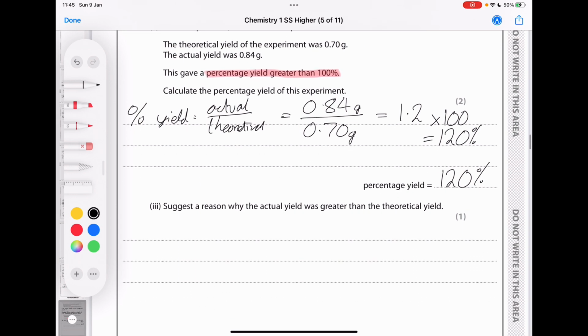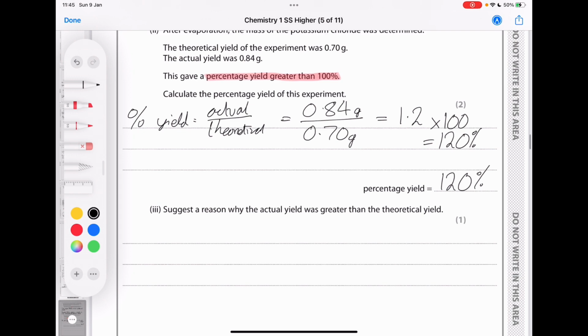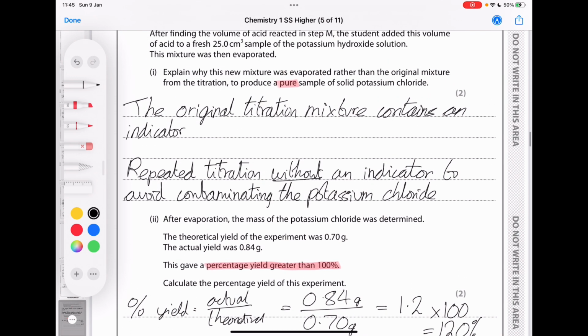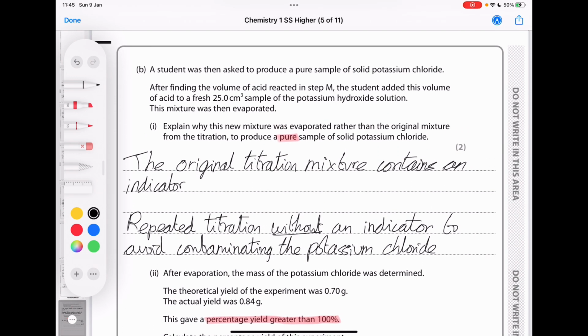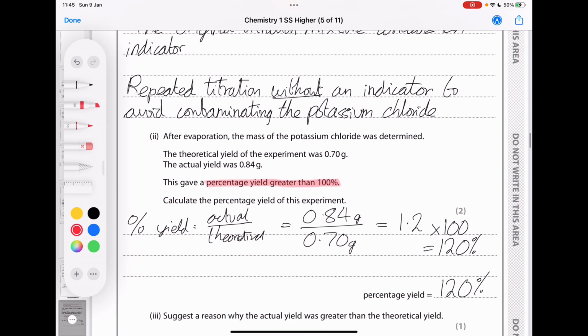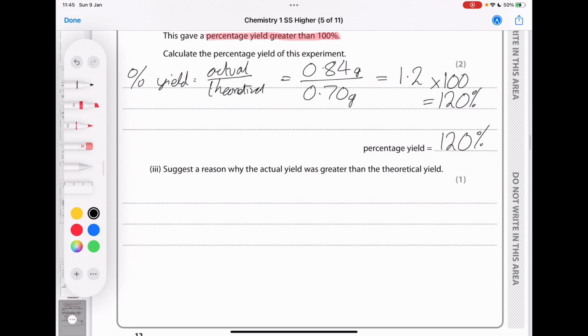For part 3, they asked you to give a reason why this actual yield was greater than the theoretical yield. If we think about what they did in this experiment, they then evaporated off the water to be left with the solid potassium chloride. The reason why we appear to have made more product than is possible is because the potassium chloride was still wet.